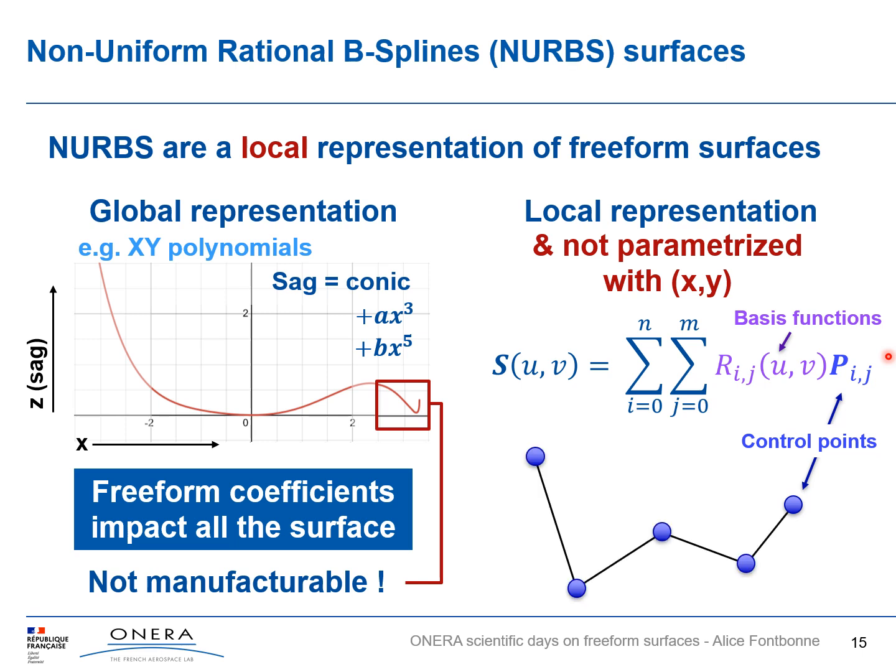So you have several control points, and these control points enable you to define a surface, and each point has a local area of effect. That means if you move this point, you impact only one part of the surface here.